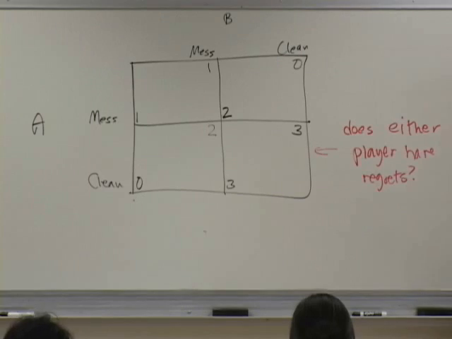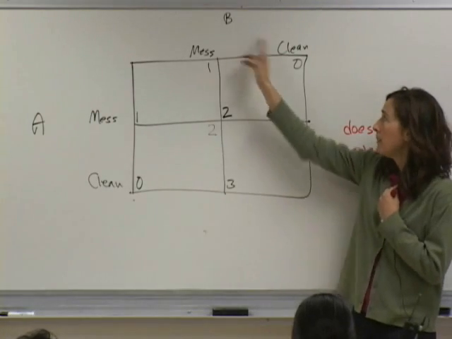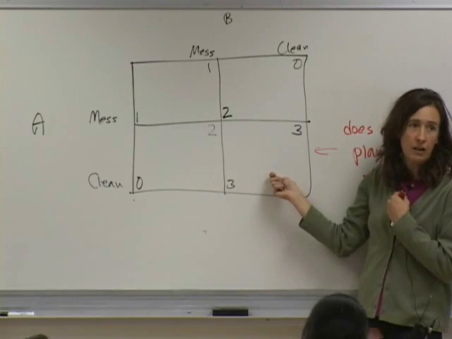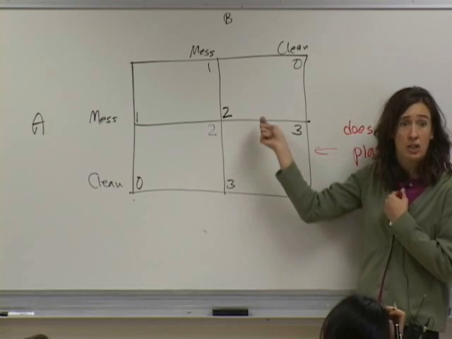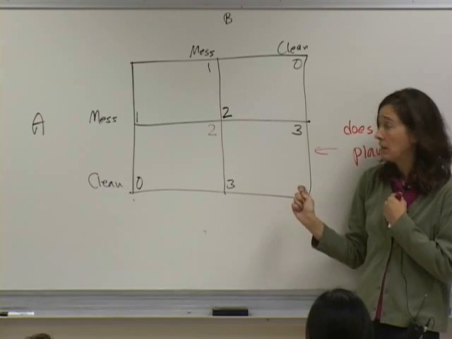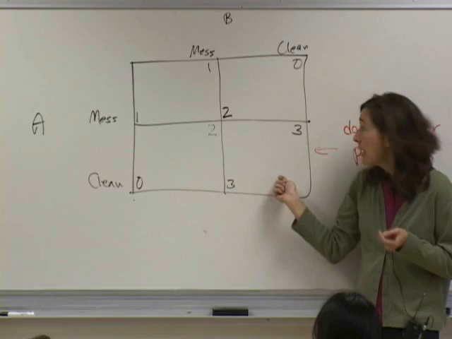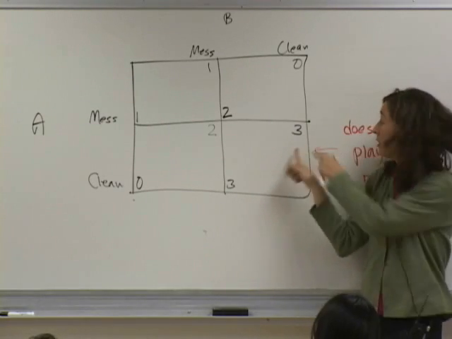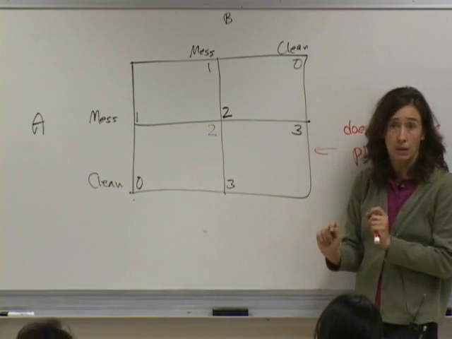Given that B cleaned up, is A sorry she cleaned up? No, A's glad she did. A's glad to have the 3 rather than the 2. And given that A cleaned up, B's glad she did too. She'd rather have the 3 than the 2 here.